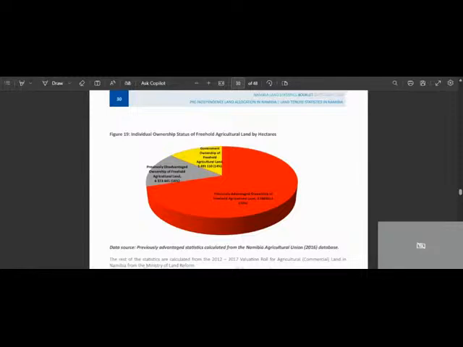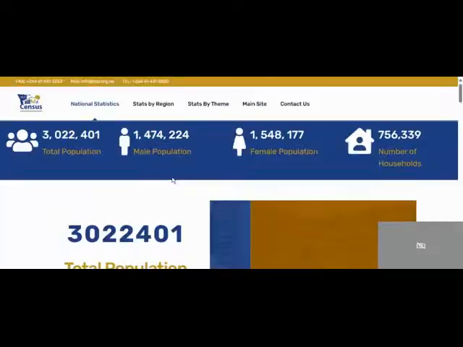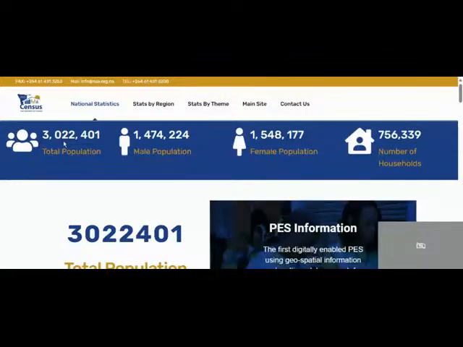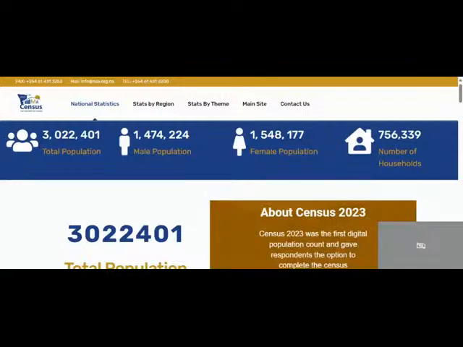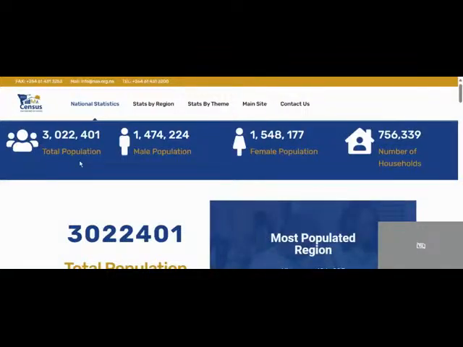We are 3 million. Let me share this one. We are 3 million, brother. 3,022,401 people. This is the total population of Namibia.